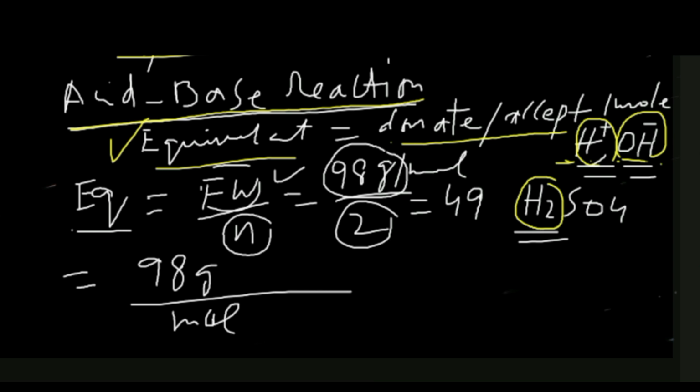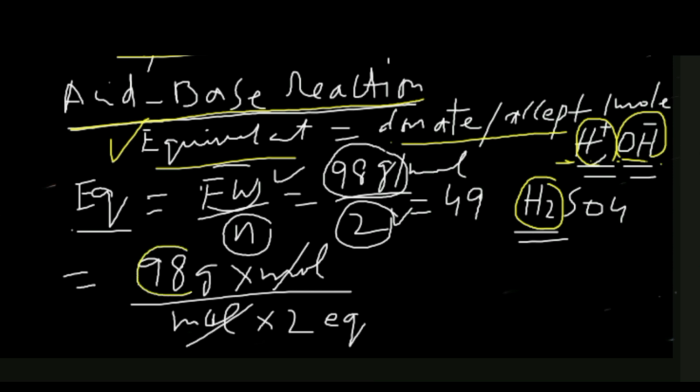When we divide this by 2, where 2 is equivalent per mole, the mole and mole will be cancelled, and 98 divided by 2 gives 49.